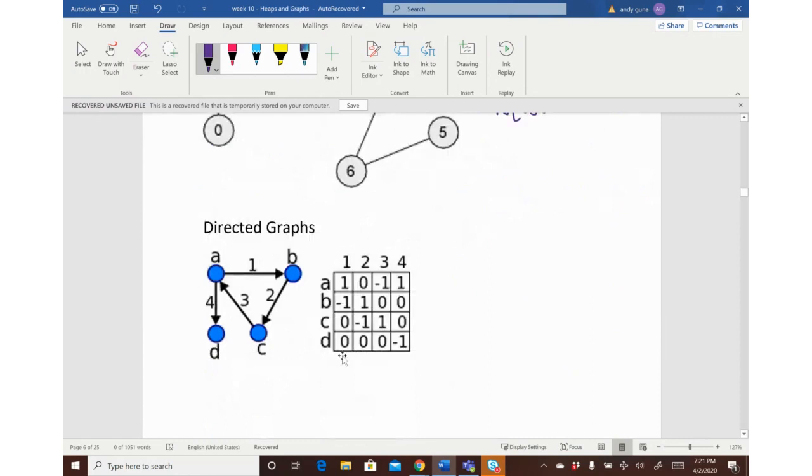A directed graph obviously doesn't have to be symmetric. This matrix is not symmetric because you might have an edge from A to B, but not one from B to A, not necessarily. So directed graphs don't have to be symmetric matrices.